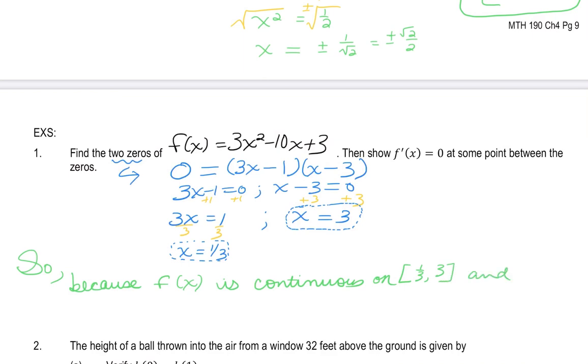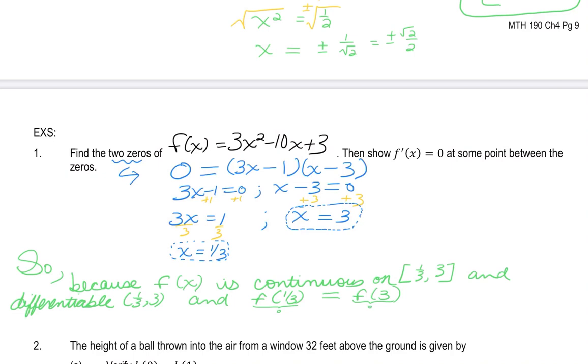And of course, it's also differentiable on the open interval from 1/3 to 3. And we also know that f of 1/3 is going to equal f of 3, because in this case, they are both equal to 0.